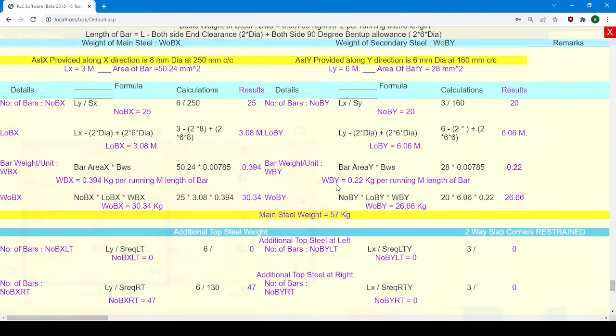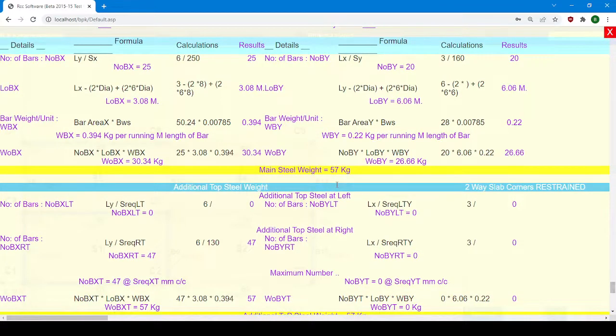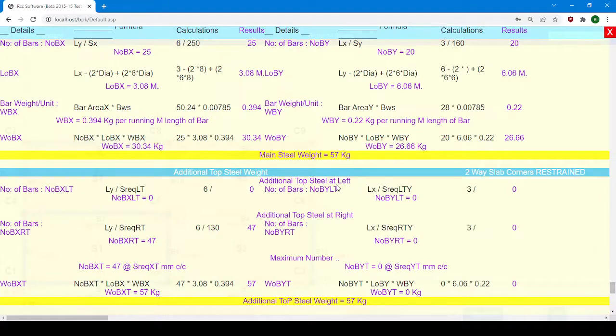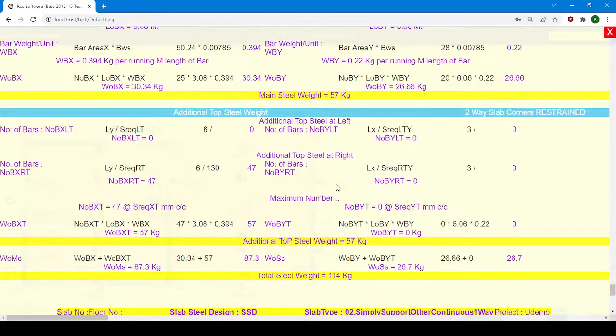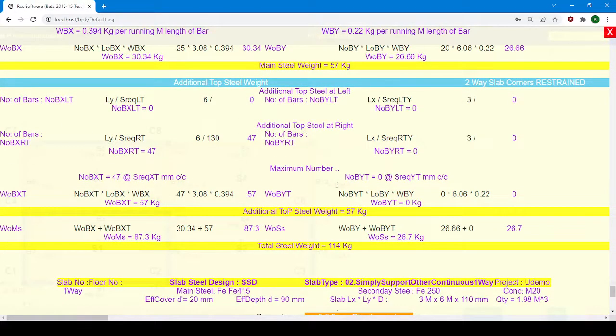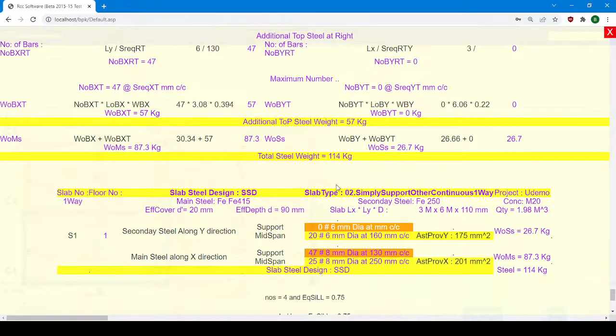We are just giving an overview of these slabs, what and where we are calculating, for reference purposes. Additional steel, this is the final result. Slab type: one way, S1, simply supported, other side continuous.